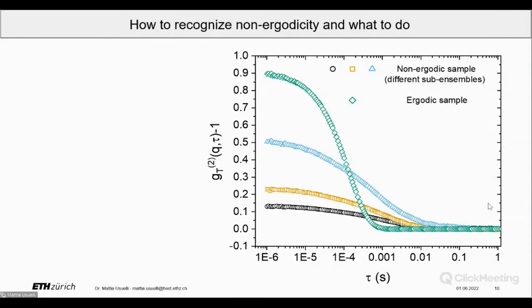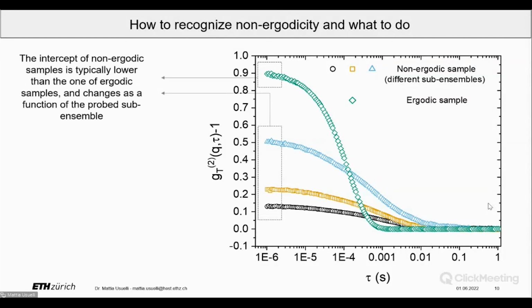I confess, when I was doing these experiments, I was thinking, okay, either there is something wrong with my sample or there is something wrong with the spectrometer. I have to call for a realignment. There is something wrong. Actually, the answer is no. It's normal that when you are measuring a non-ergodic sample, the intercept is dropping quite a bit. So you see here the intercepts are different.